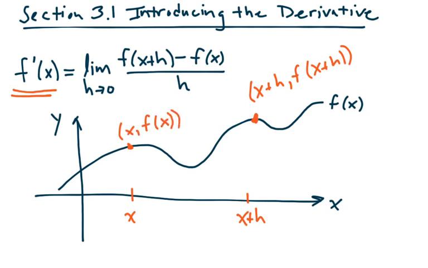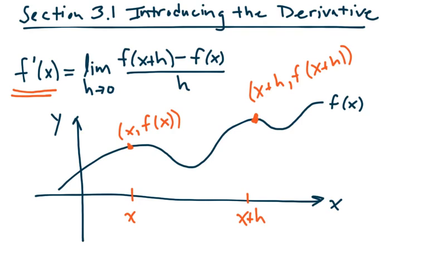And perhaps we were studying this function, we wanted to analyze it. Suppose we wanted to know the average rate of change, whether it's increasing, decreasing, that sort of thing.